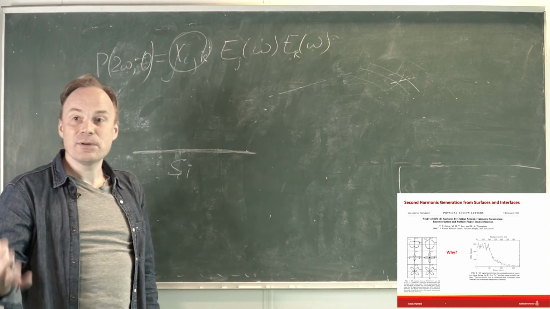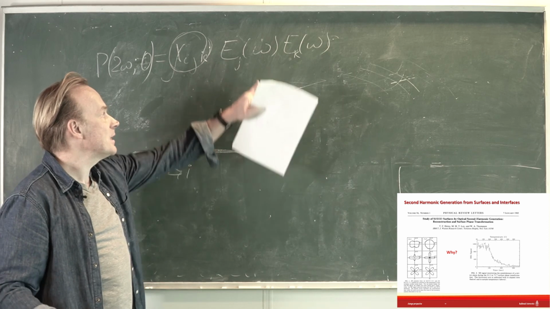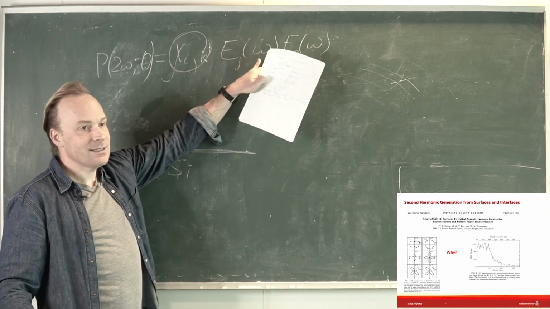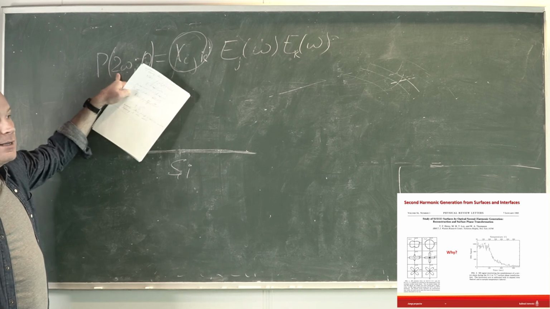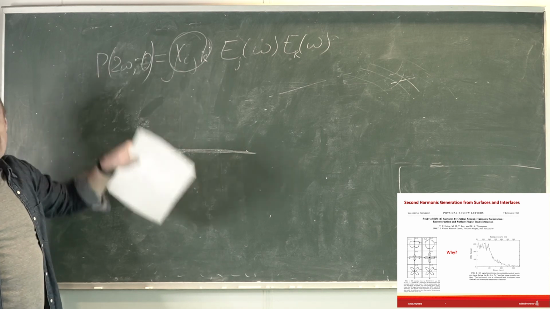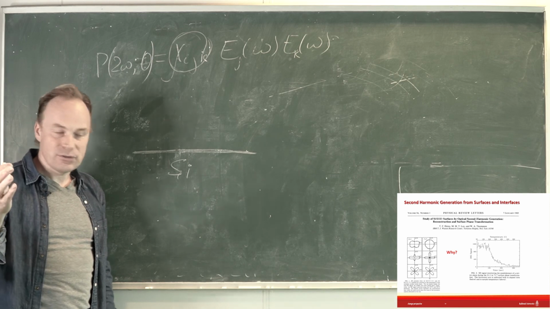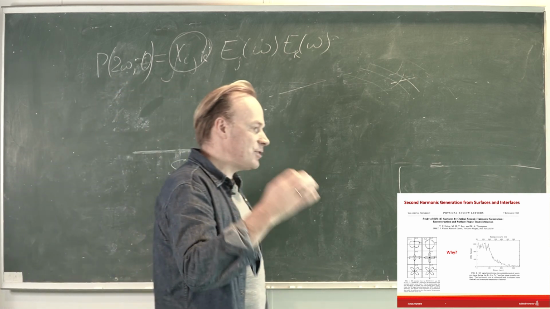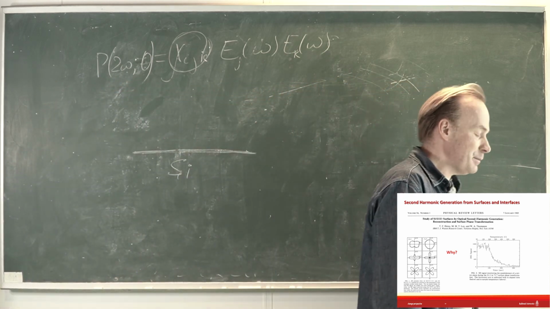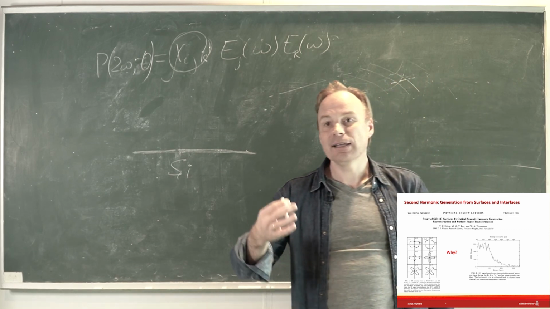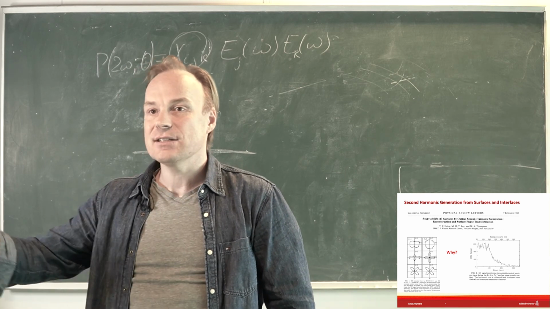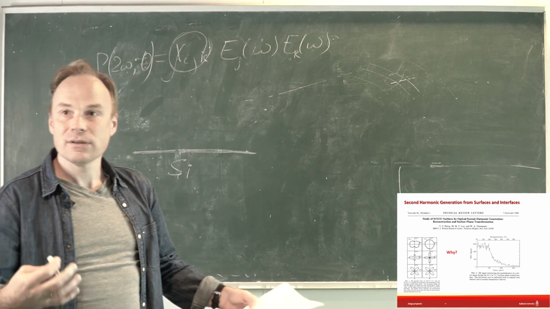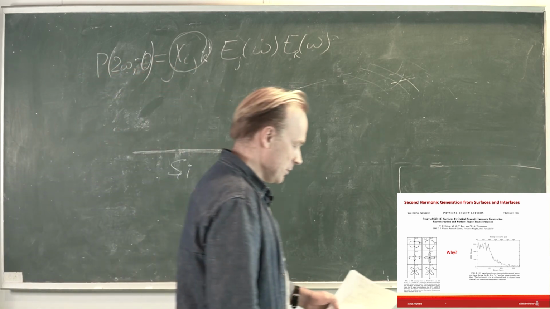So if you rotate polarization, not at every polarization of light, not at every electric field of light, polarization at the second harmonic will be non-zero. And they used this fact to define symmetry of the surface. In particular, they were able to reveal how the symmetry of the surface changes in time. And so-called surface reconstruction was observed.